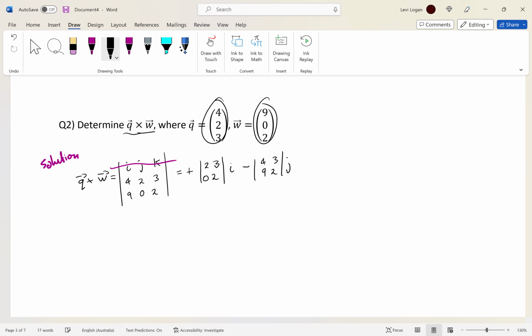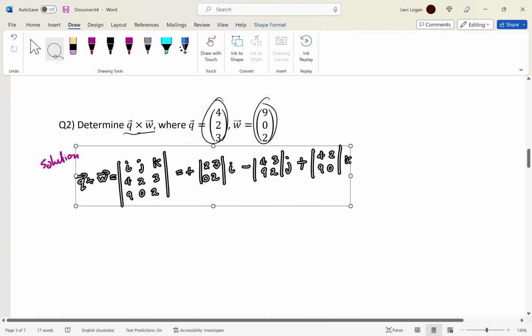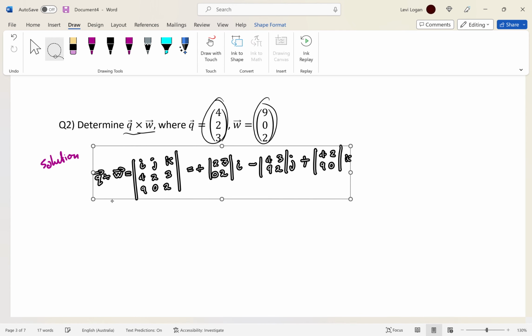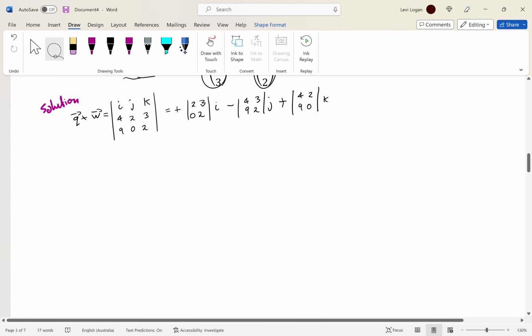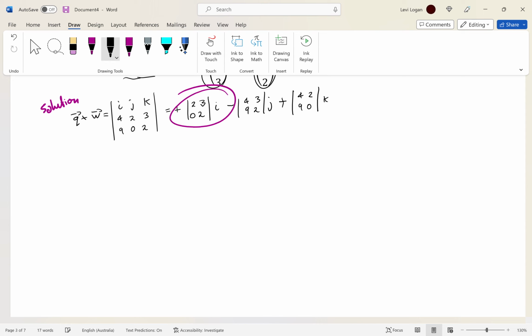Then we're going to find our last matrix's determinant, so it's going to be plus 4, 2, 9, 0, k. Alright, cool. Let's make this a bit smaller so we have enough room for everything.